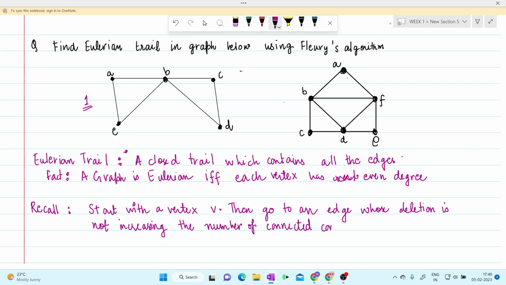This is the first step. That is, we pick any vertex, then we choose that edge whose deletion won't increase the number of connected components.